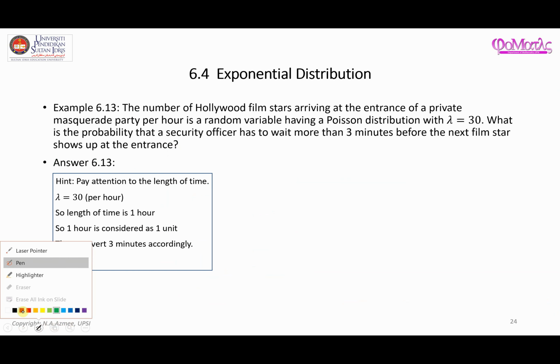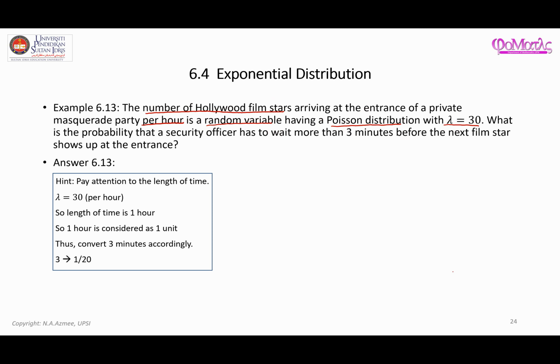In this example, we have the number of Hollywood film stars arriving at the entrance of a private masquerade party per hour as a random variable. This random variable has a Poisson distribution with lambda equals 30.